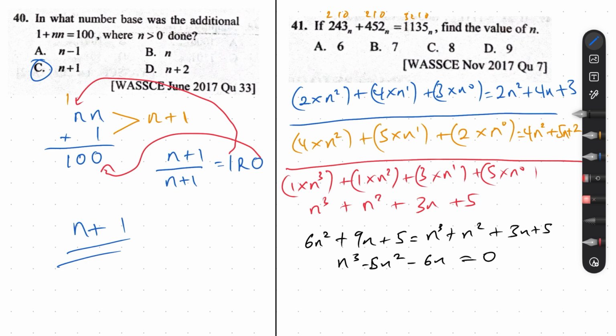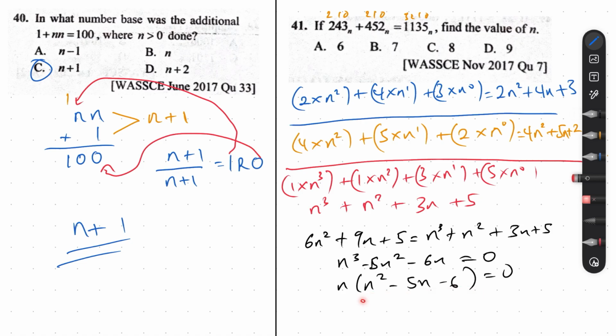We can factor n out, right? So if you factor n out, you have n squared minus 5n minus 6, and this is a quadratic. Let's forget equals 0. This is a quadratic.